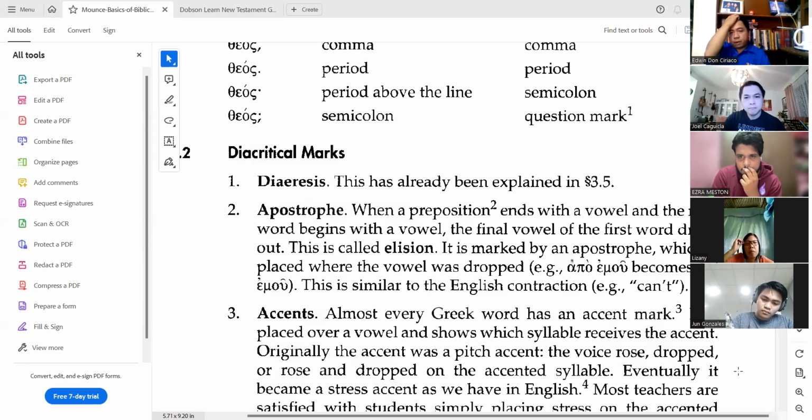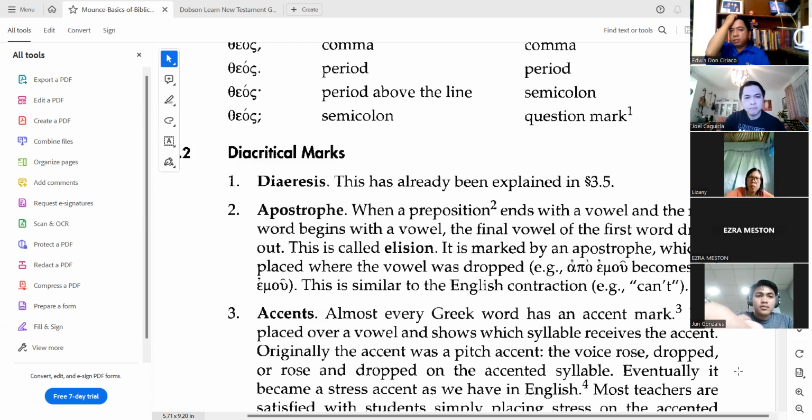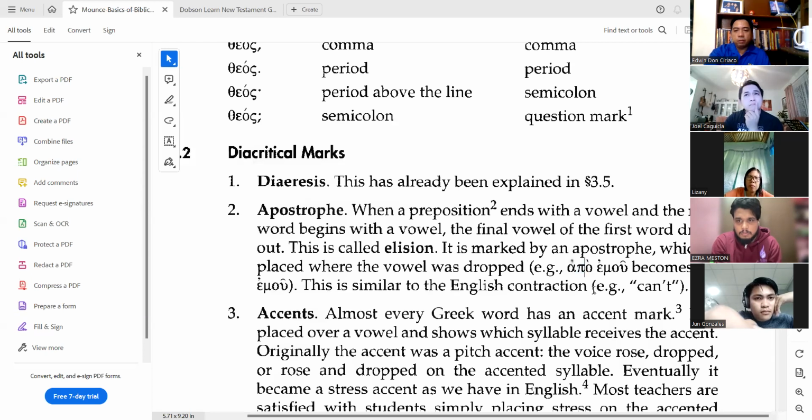Now, apostrophe: when a preposition ends in a vowel and the next word begins with a vowel, the final vowel of the first word drops out. This is called elision. Maybe it is good to look at the example provided. So this is apo, a preposition which could mean from, and notice that the next letter is also a vowel.